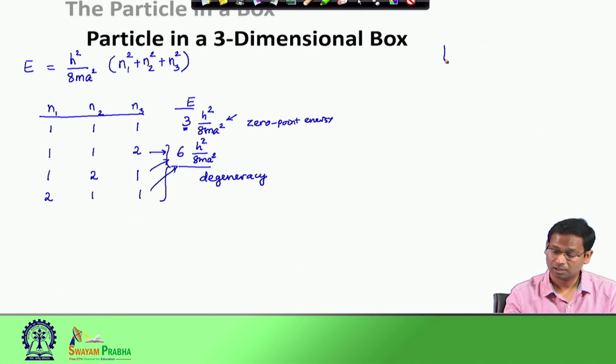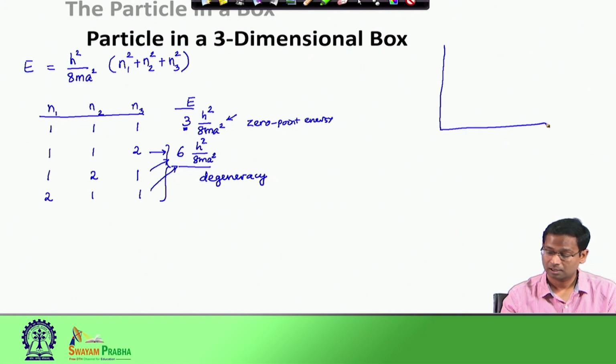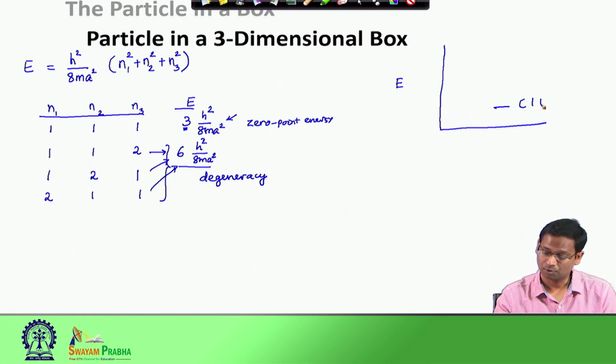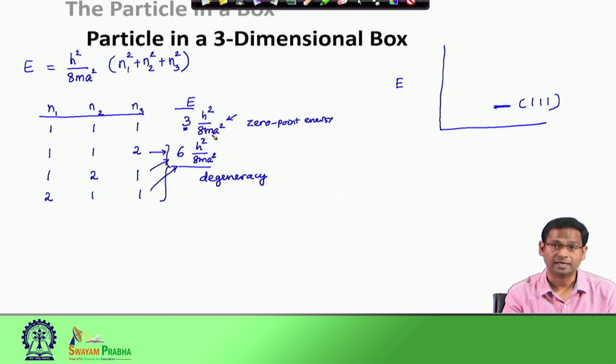If we plot the energy axis, this will be the energy of 1 1 1. So, here n1 is 1, n2 is 1, n3 is 1. This energy is 3 h square by 8 m a square and this is one-fold degenerate.